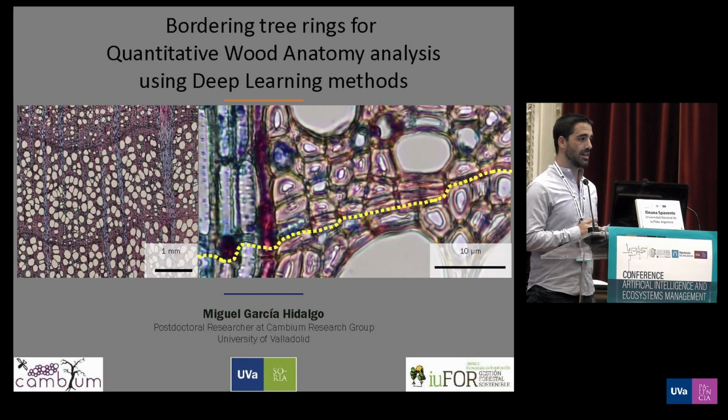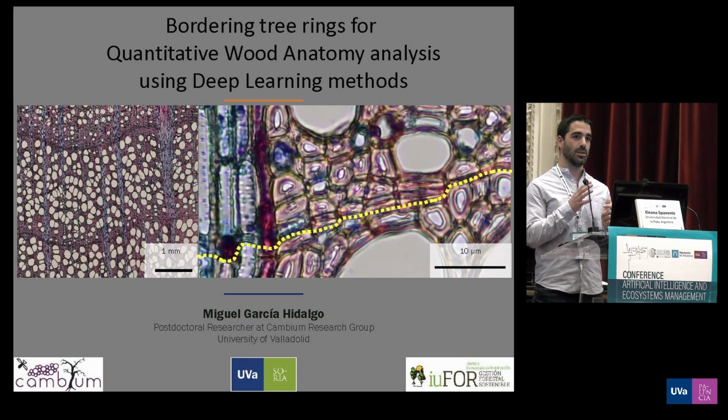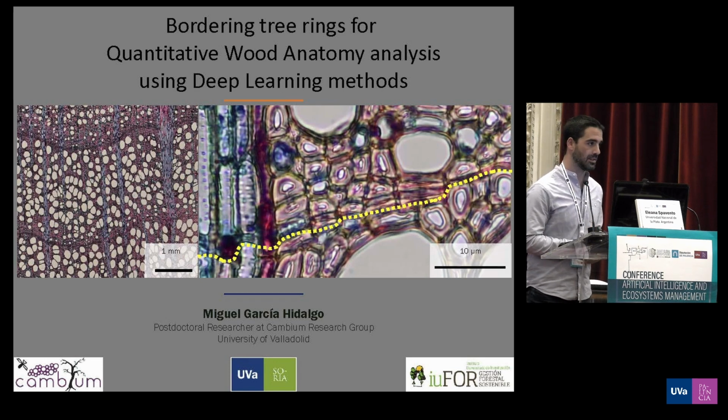One way is remote sensing, and the other one is dendrochronology, because by mixing both fields we can get reliable data from the actual, day-by-day perspective, and from the past perspective.